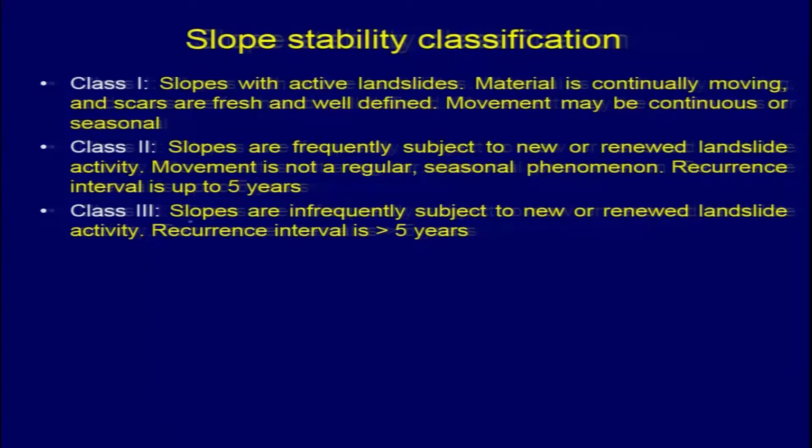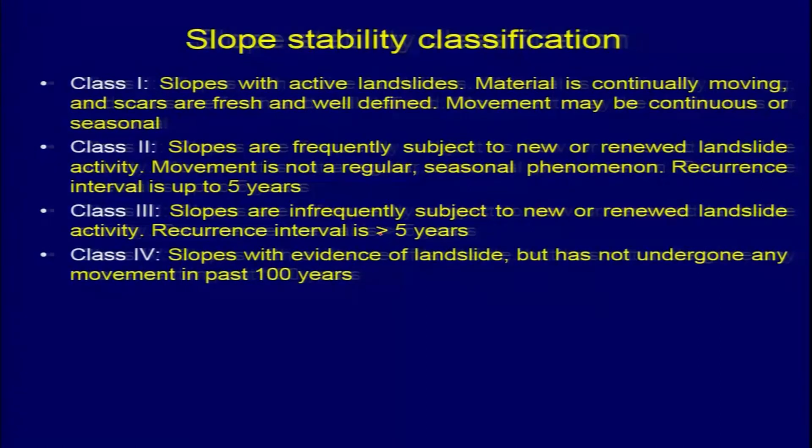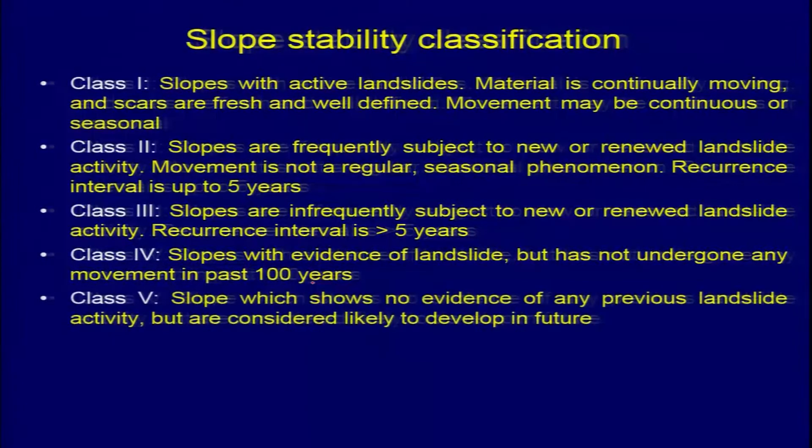Class 3, slopes are infrequently subject to new or renewed landslide activities. Recurrence is greater than 5 years. Class 4, slopes with evidence of landslide that has not undergone any movement in the past 100 years. So, this is more or less on the safer side, but of course, you cannot deny that this will not have a landslide.